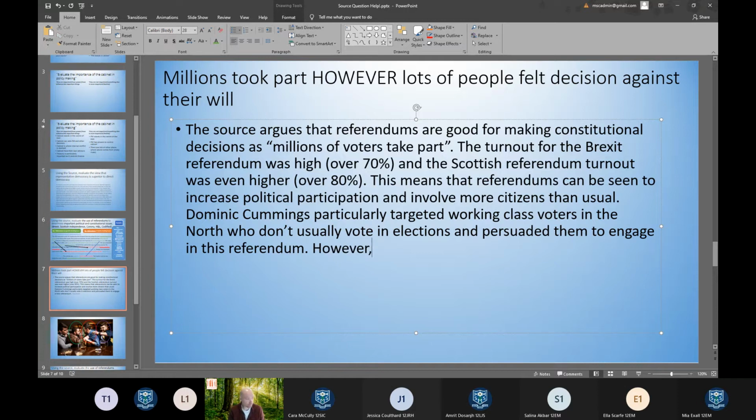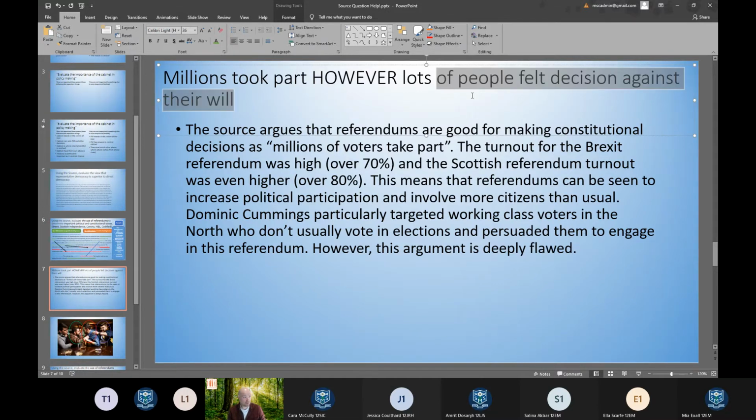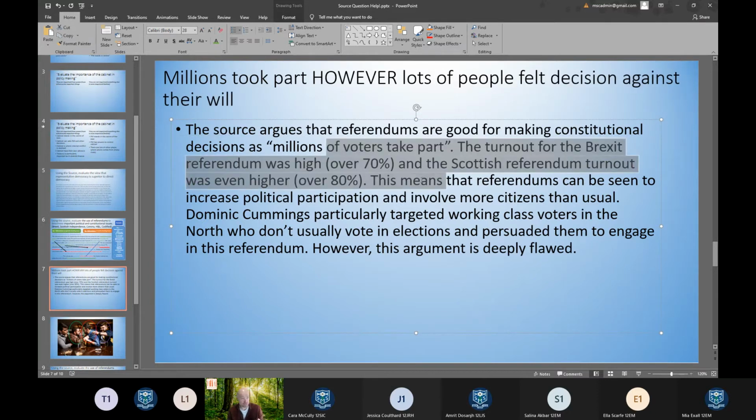However, this argument is deeply flawed. So I now need to bring in this idea here about lots of people having decisions against their will, and I can also bring in any criticisms of this. So the turnout for the Brexit referendum was high, the Scottish referendum was high. However, we know that actually not all referendums are high, don't we? So let's take that down.